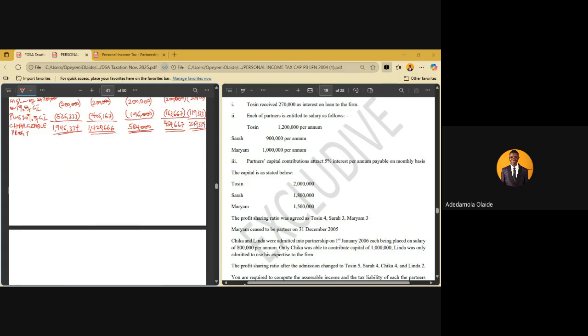Okay, so tax liability will just be for this one that is having less than 300,000. We'll just say 277,334 at 7%, 19,413.